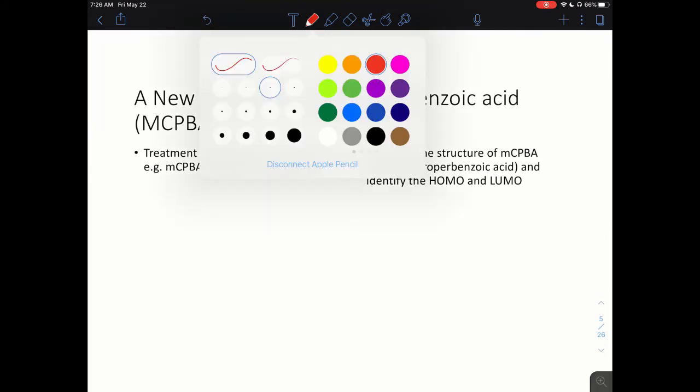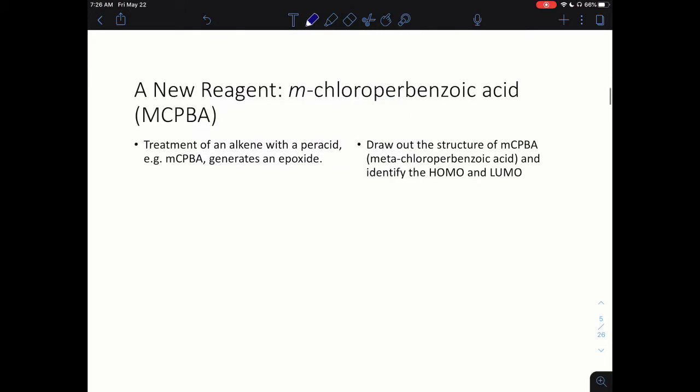Let's look at a new reagent and a new reaction. That reagent is called metachloroperbenzoic acid. There's a lot going on with the name here. The meta part refers to this 1,3 relationship between the two substituents on the benzene ring.